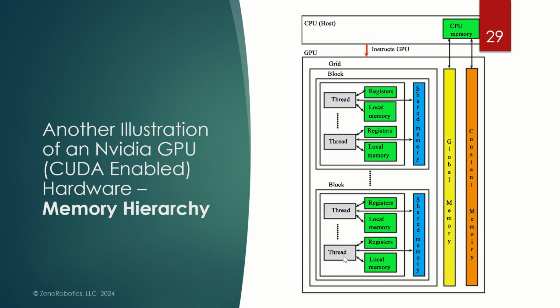So the number of threads being run at one time is typically the number of streaming processors, unless you don't need all of them. Each thread has registers unique to it and local memory, but they all have access within a block to the shared memory.